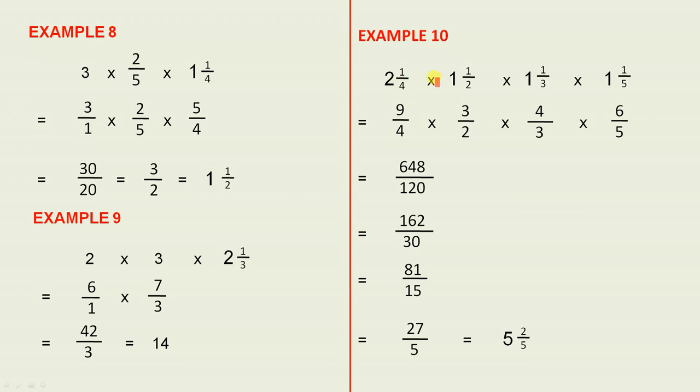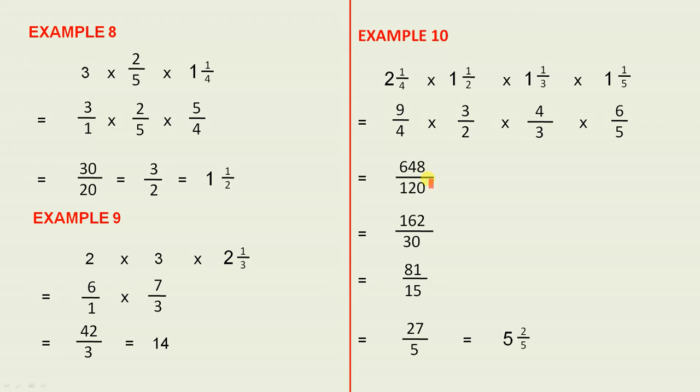Example 10, we multiply those mixed fractions together, change each of them to improper fractions. When you multiply those numerators together, you get 648. Multiply those denominators together, you get 120.